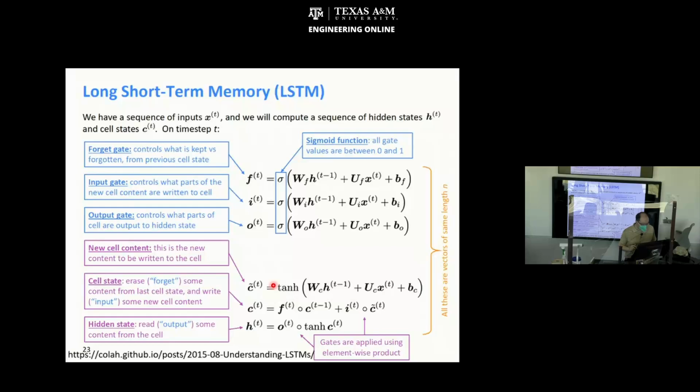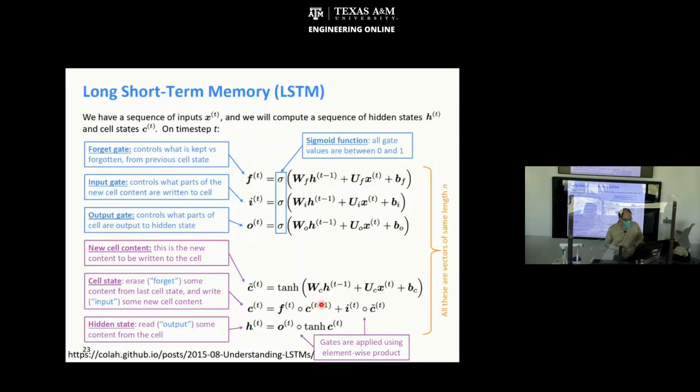Okay, and the cell state: you have to somehow erase or forget something from the last state and write something from the new. The forget gate controls this, so it is a gating function, forgetting some of the last cell state at t minus 1.